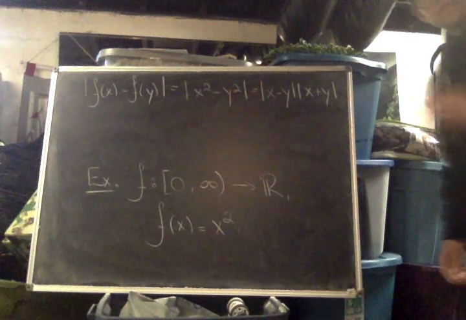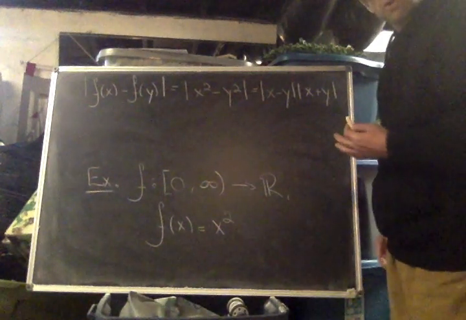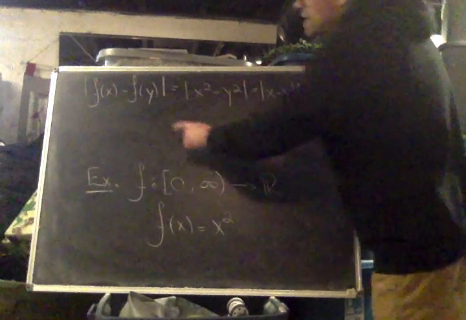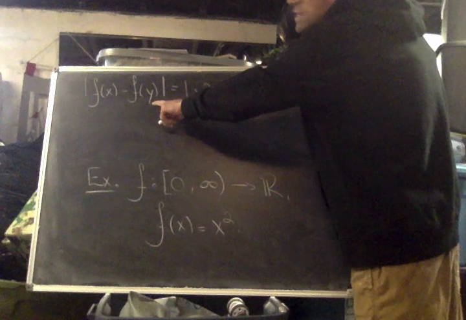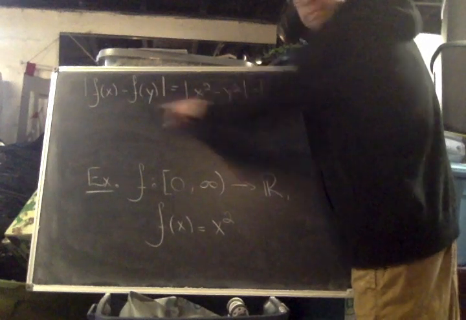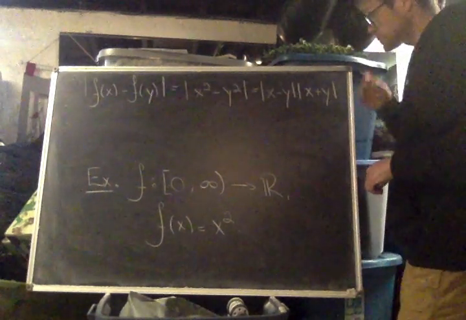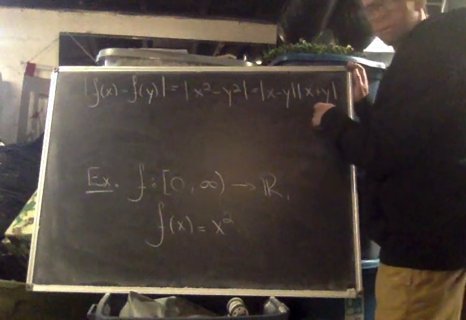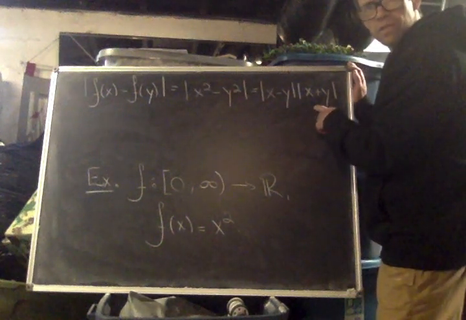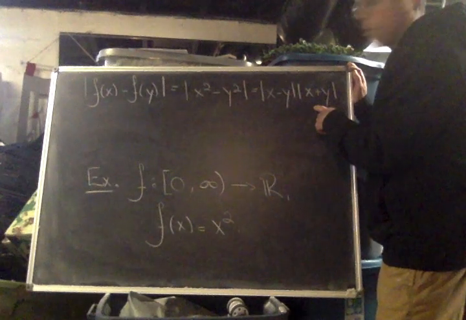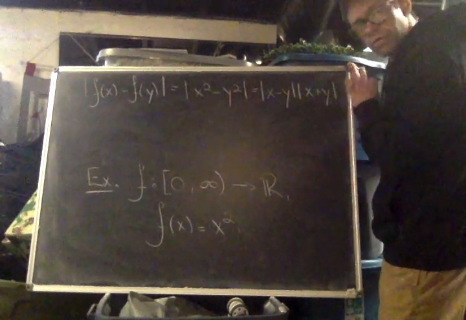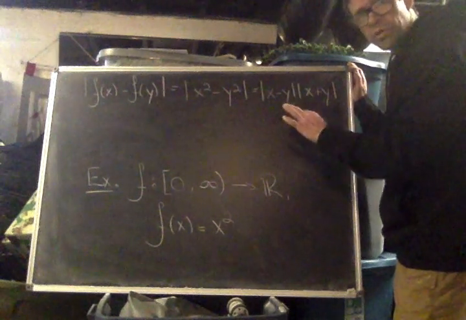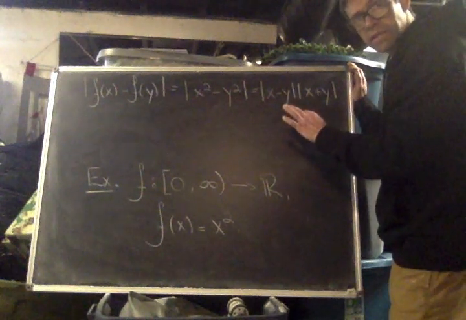So without writing down all the details, what I'm going to point out is that there's just no way, if I say let's say I wanted this distance to be less than 1, okay? That means that this product here always has to be less than 1. And that has to work for all x and y in the whole domain, right?